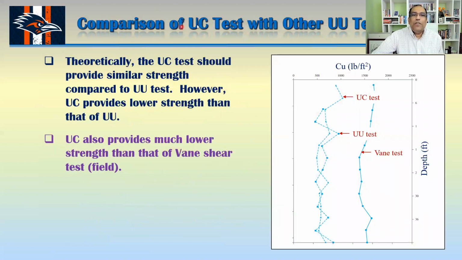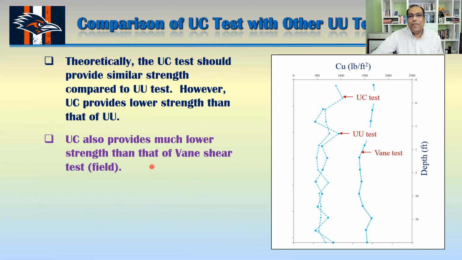Now, comparison of the UC test, unconfined compression test, with the UU test. We usually expect that they will provide the same result, because the UC test is nothing different than the UU test. The only difference is that sigma 3 is 0.